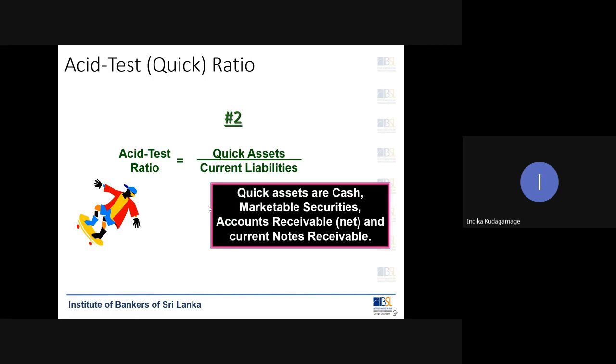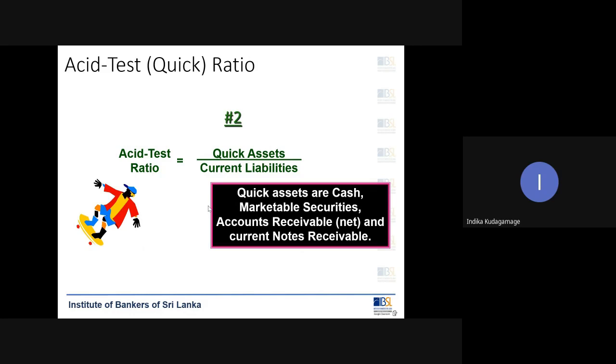See, on the current assets, we have stocks or inventory, right? Which is written close to fixed assets. That means inventory is the hardest to convert into cash, right?